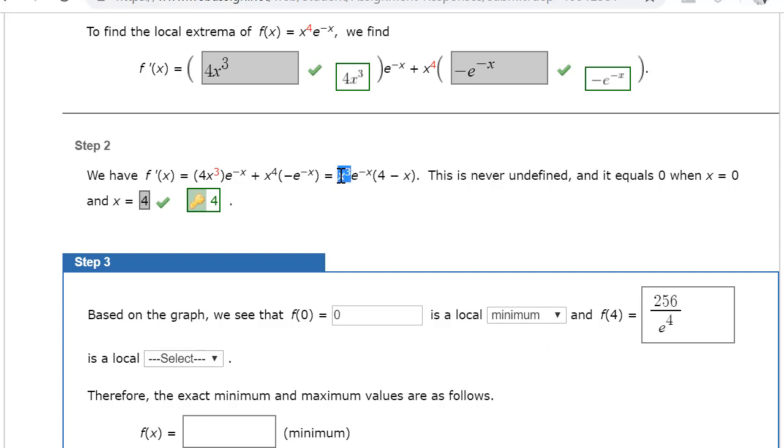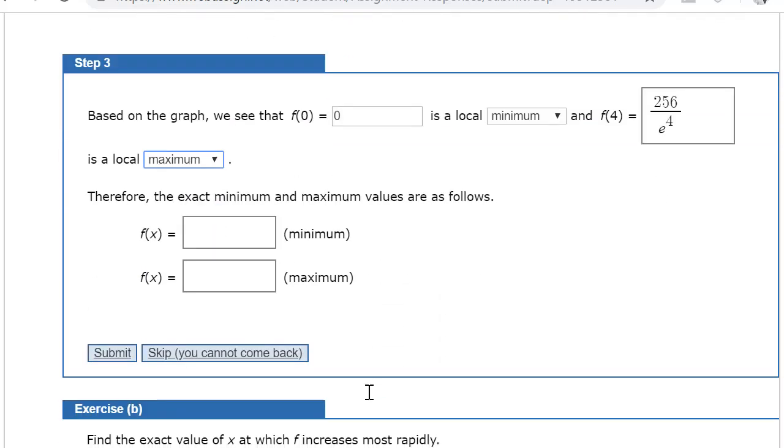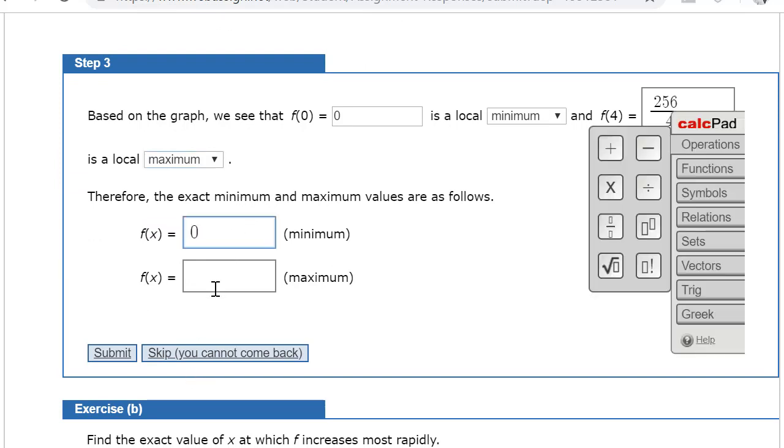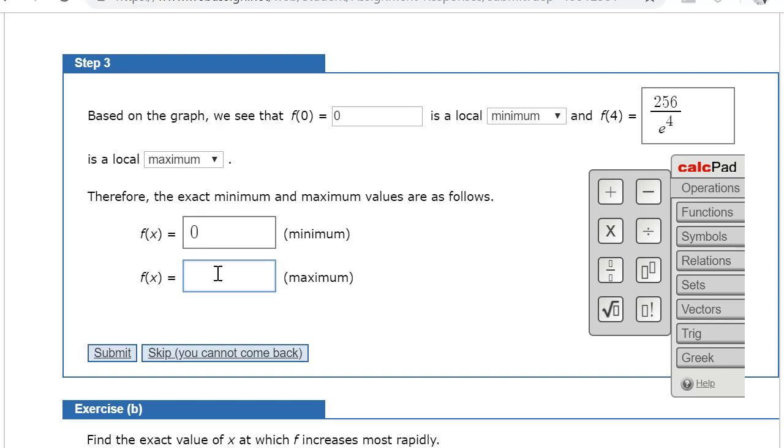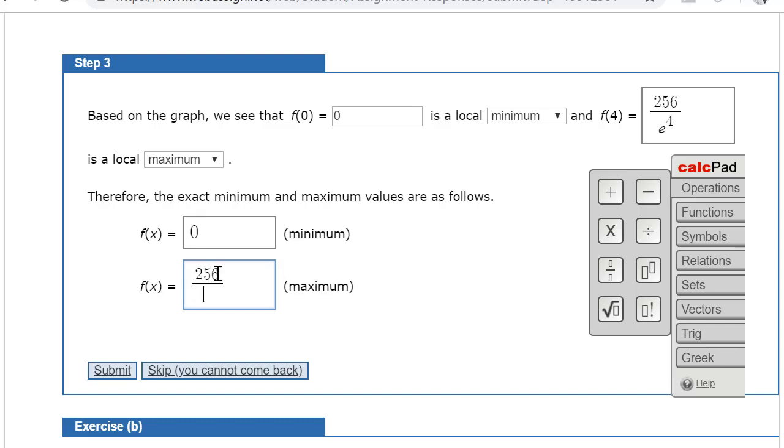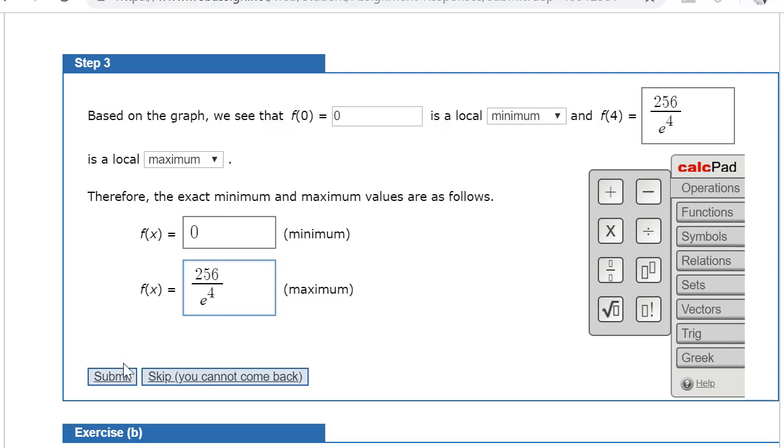And we know that if we put positive values in for x, x cubed is positive, and values less than 4 here will be going positive, and if you put values bigger than 4 in for x, it'll be negative. So a positive to a negative will result in a local maximum. So the exact minimum value is 0, and the exact maximum value is 256 divided by e to the fourth power.